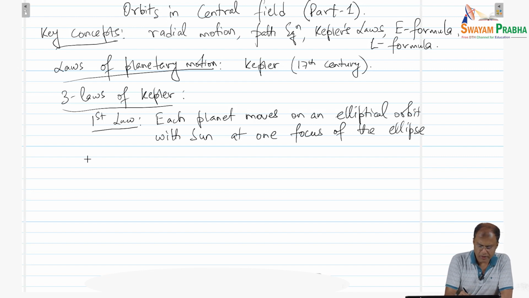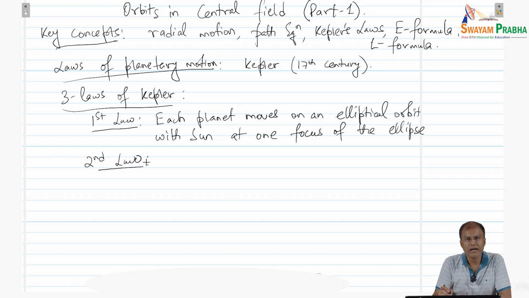The second law mentions that the area swept by each of the planets in equal times is equal. So that's in short.